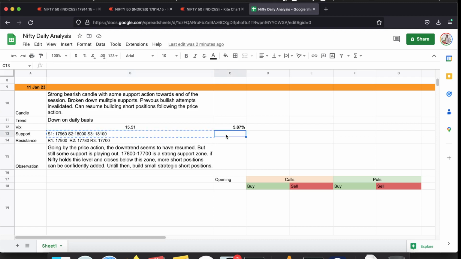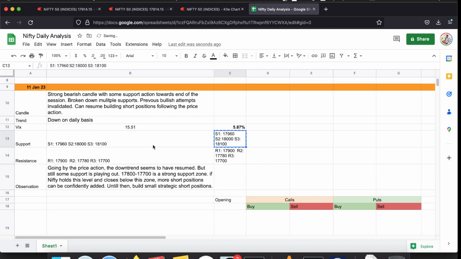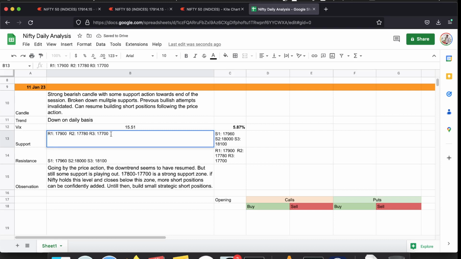Let me correct this. This is resistance. This is support. So, I'll put this here. Okay. So the first support is at 17,900, which is immediately below the present close.